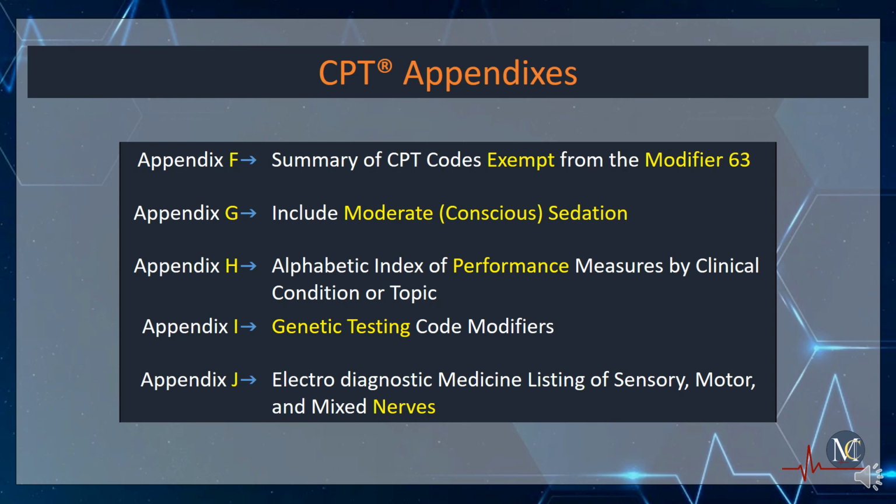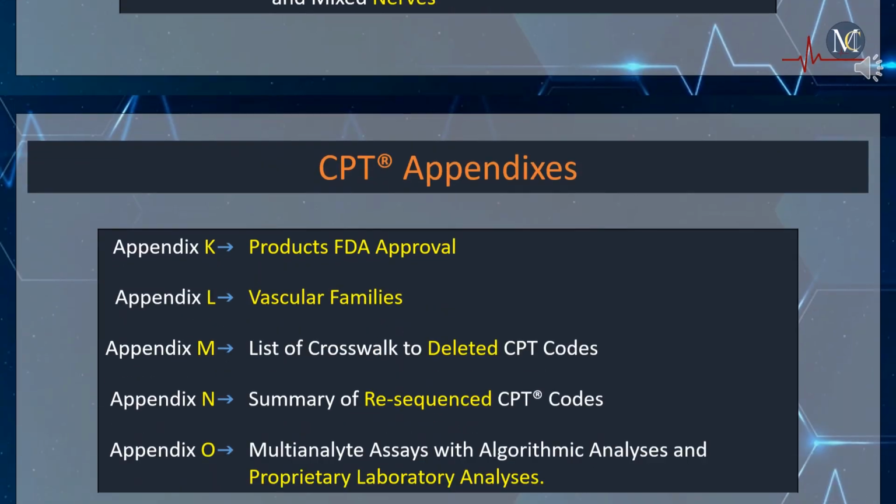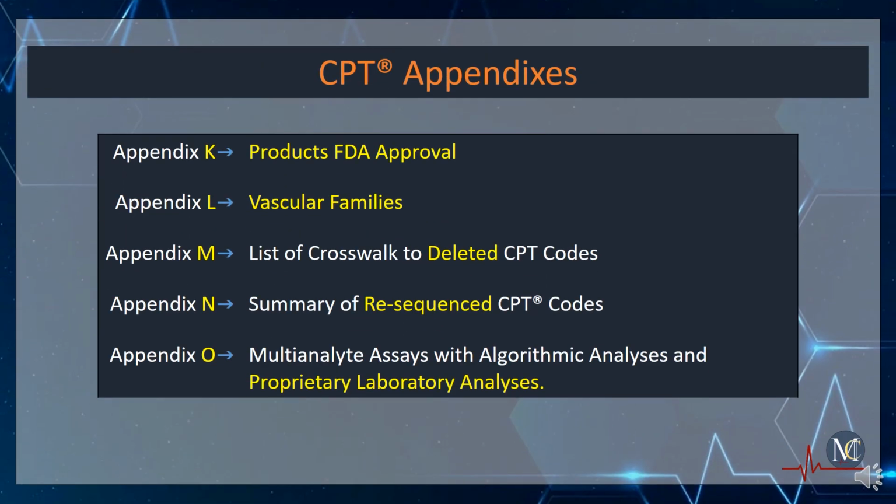And Appendix J is all about nerves. In Appendix K, we find the list of pending FDA approval products. Appendix L is for vascular families. In Appendix M, we see the list of all deleted CPT codes.